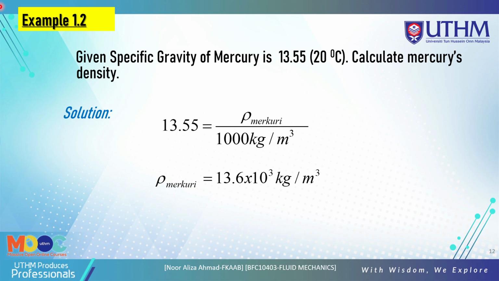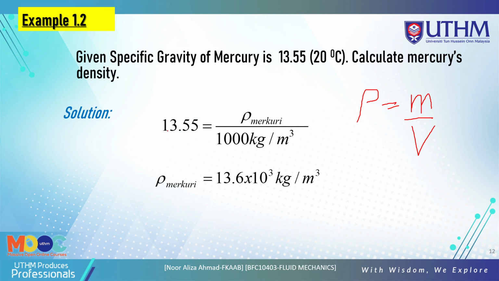Okay, now we look at example 1.2. Given specific gravity of mercury is 13.55 at 20 degrees Celsius, calculate mercury's density using the same equations. Okay, the density is equal to mass divided by the volume here. So this gives you the specific gravity.